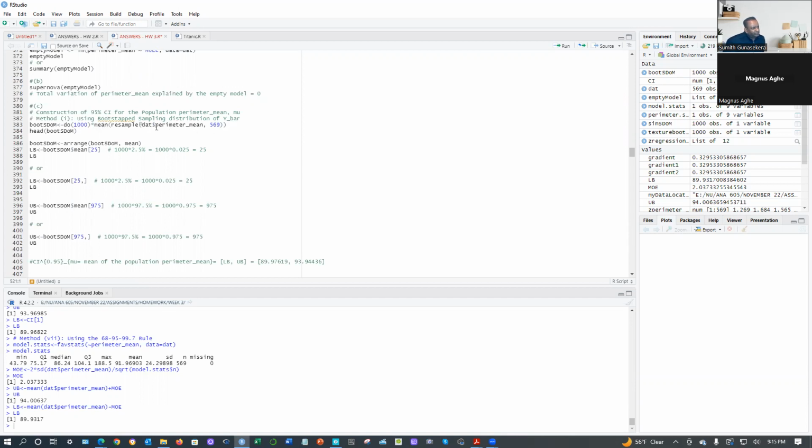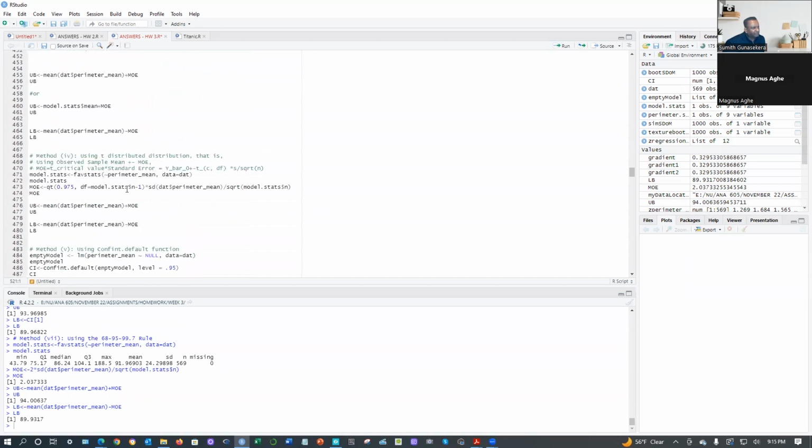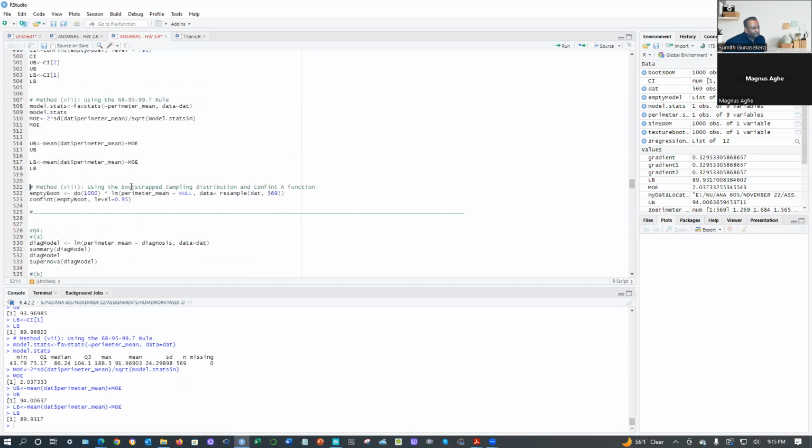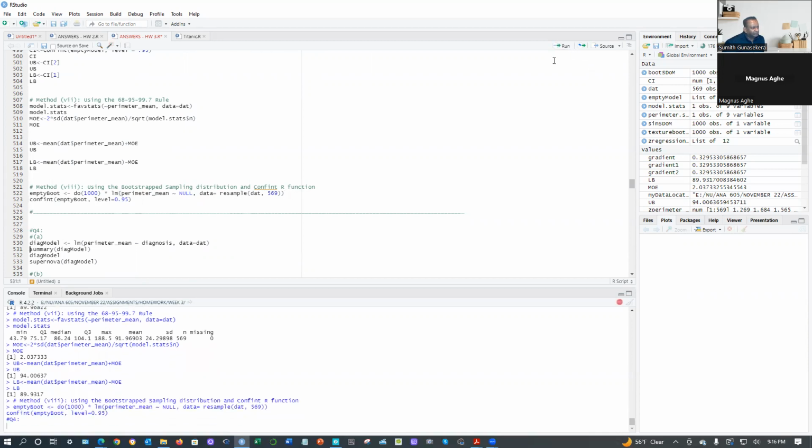Look at how I'm doing here. Get the mean and arrange, without any critical Z or TC, nothing. I bootstrap and then I fit it into the model, and I say I need the confidence interval for that one.